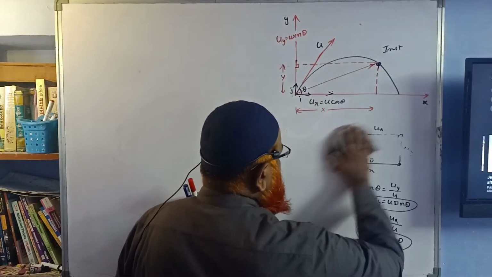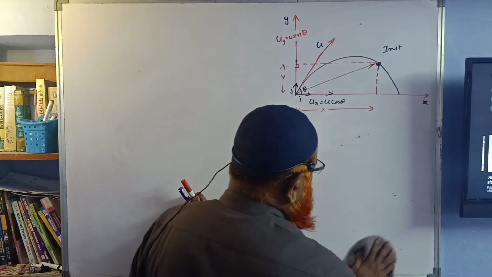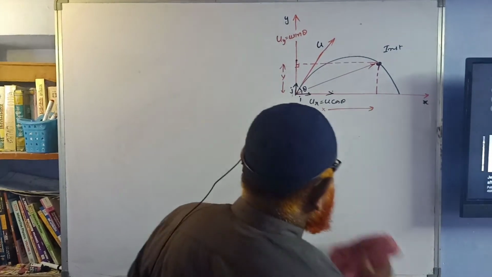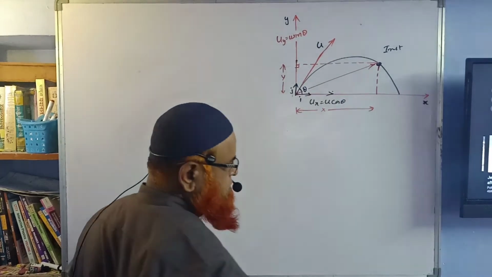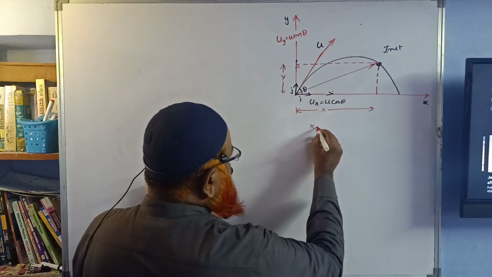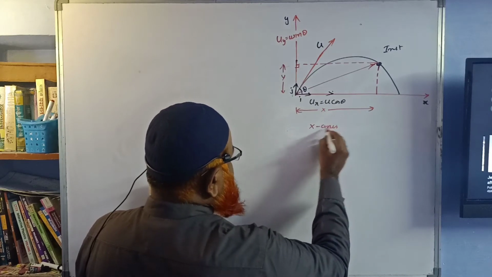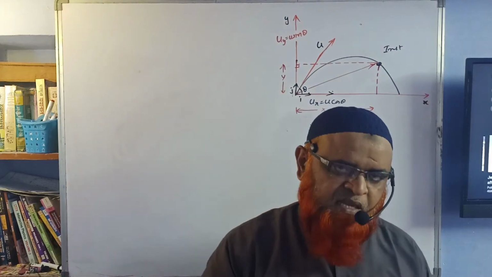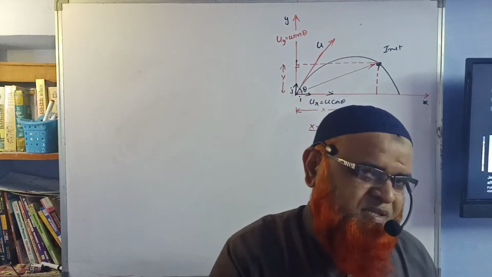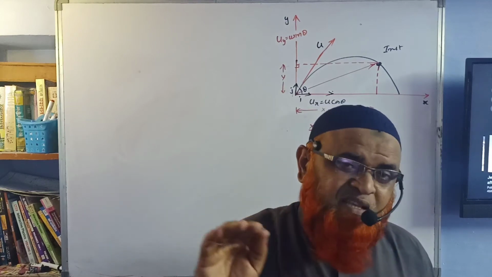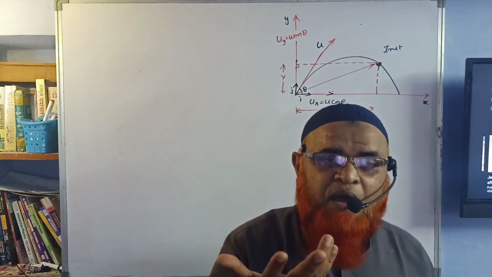Okay, so if I rub this out to make more space for writing, now let us discuss what is happening here. First, you need to find out what is going on along the x-axis. You have to understand one thing: horizontally, along the x-axis, gravity is not going to act.